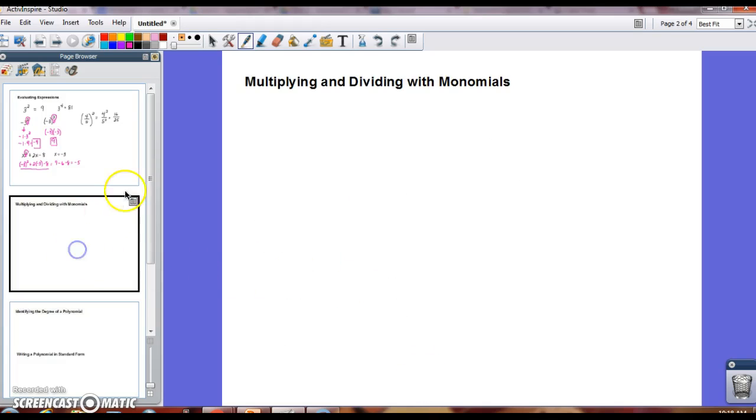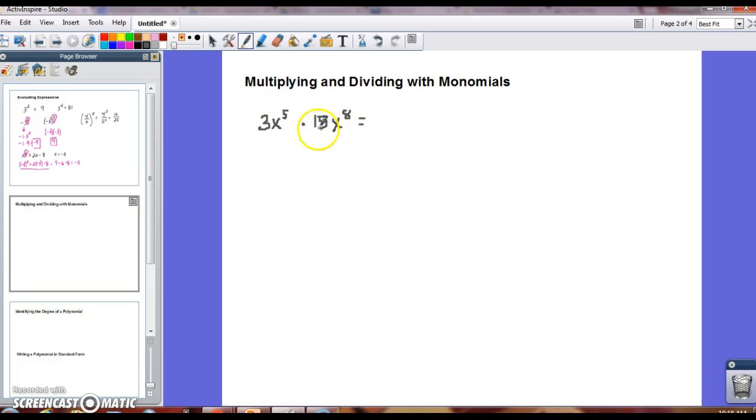Okay, let's talk about multiplying and dividing with monomials. When you multiply things with the same base, make sure that you add your exponents. So for example, if I have 3x to the 5th times 15x to the 8th.